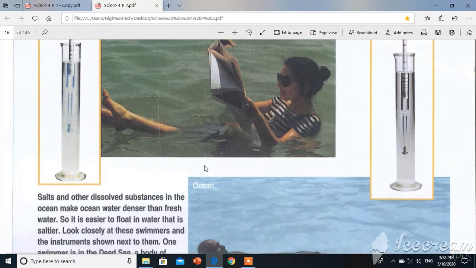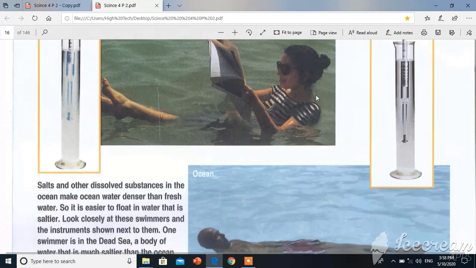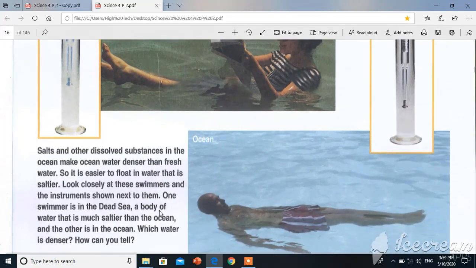Look closely at these hydrometers. This one is in the Dead Sea, and this one is in the ocean. One is in the Dead Sea, a body of water that's much saltier than the ocean, and the other is in the ocean. Which water is denser?